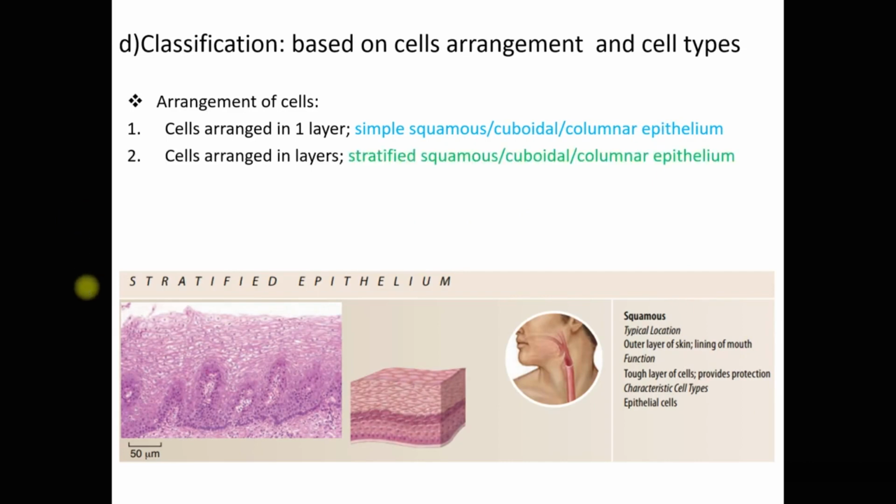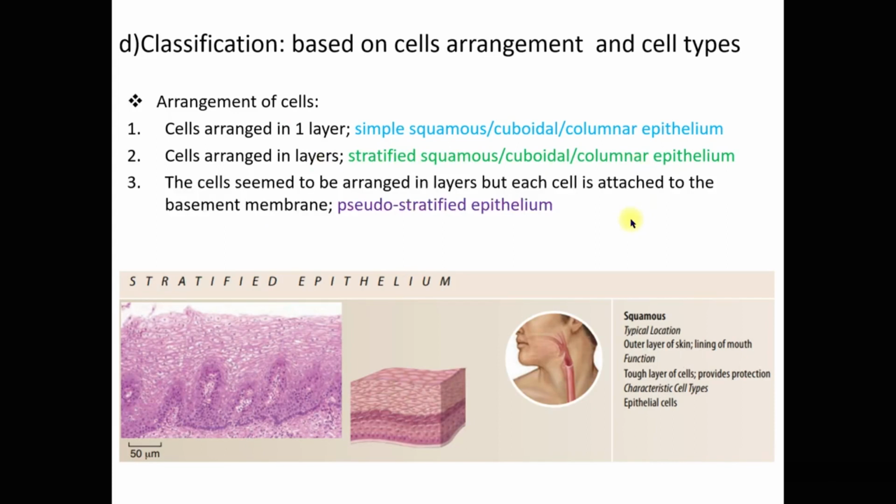If the cells are arranged in layers, meaning more than one layer, those covering epithelia are known as either stratified squamous epithelium, stratified cuboidal epithelium, or stratified columnar epithelium.